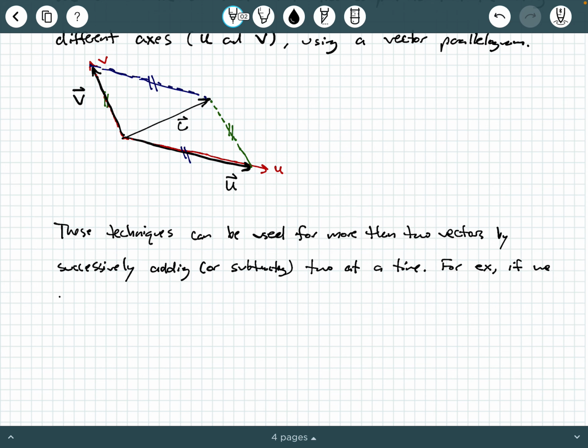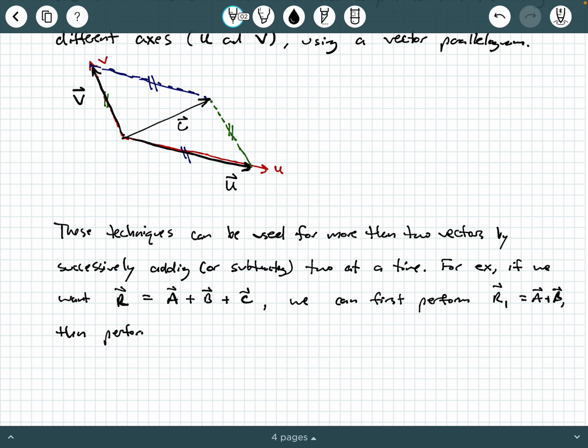Okay, so for example, if we want a resultant to equal vector A plus vector B plus vector C, we can first perform R1 equals A plus B, then perform vector R equals R1 plus C. So you see we can add them one at a time, all right?